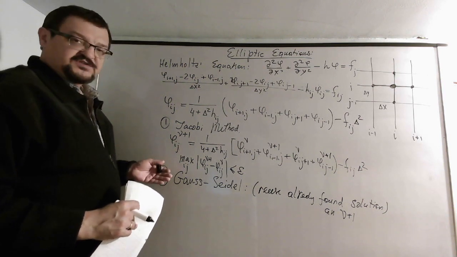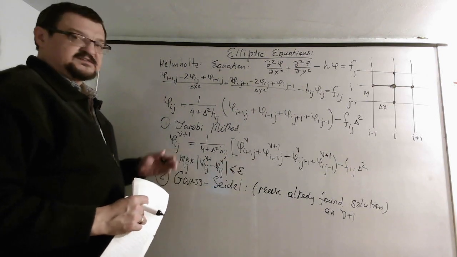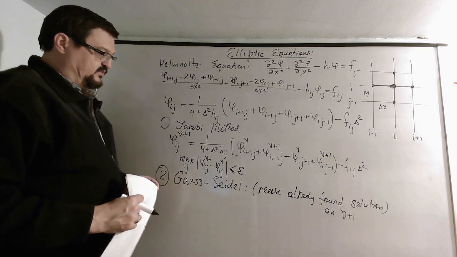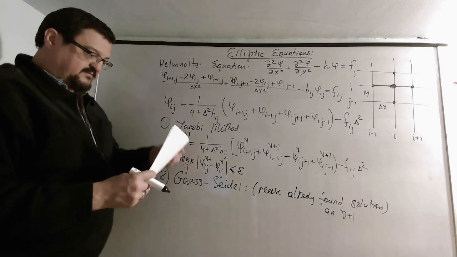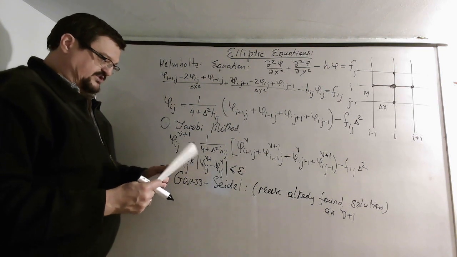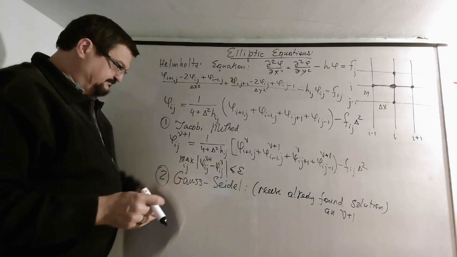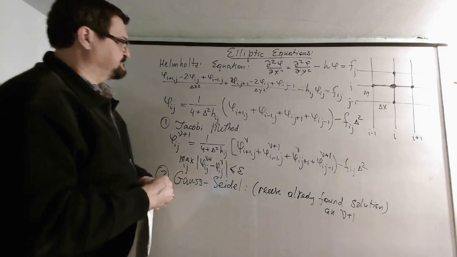The convergence rate, or the number of iterations to achieve a given epsilon, is not that great. So you need a relatively large number of iterations. There is another method which is a modification of the Gauss-Seidel method, called the successive over-relaxation method.